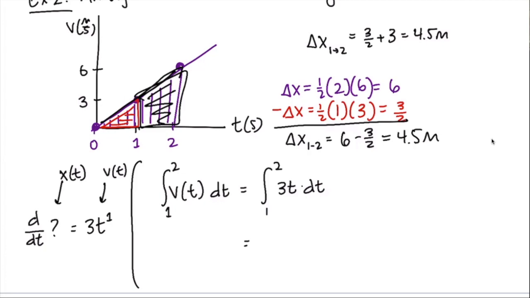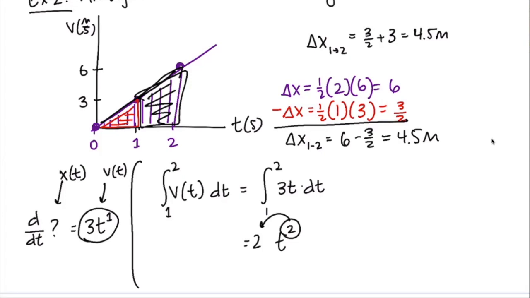So if my new exponent is 3t to the first, that means my original exponent had to be t squared, because it was decreased by 1 to get to 3t. So I undid that. Secondly, that 2, when I took the derivative, would have been multiplied out front.